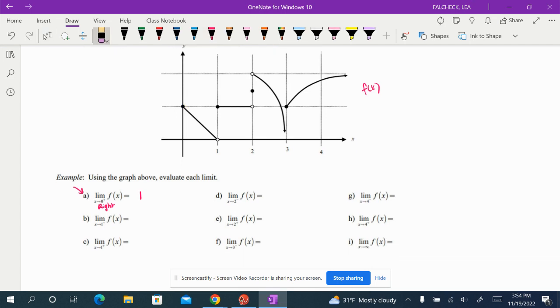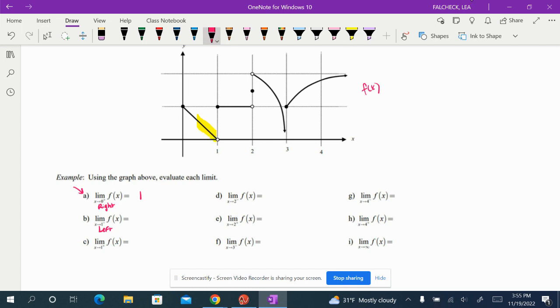Okay, part B. The limit as x approaches 1 from the left of f of x. So now we're coming into 1 from the left. You're going to go to 1 on the x-axis, go up to the function, and approach coming in from the left. So we are heading down, down, down until about 0.